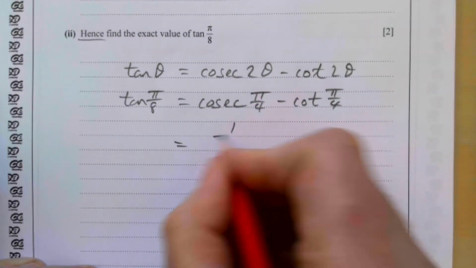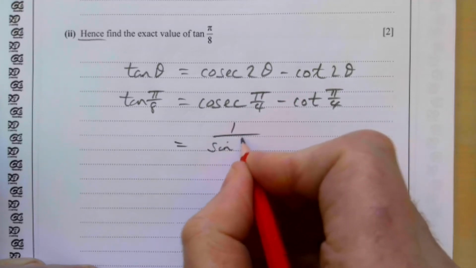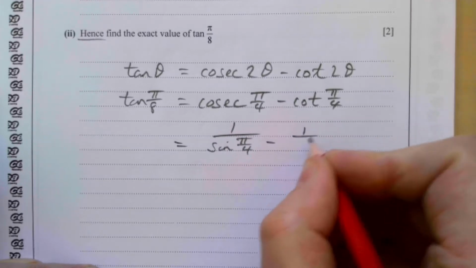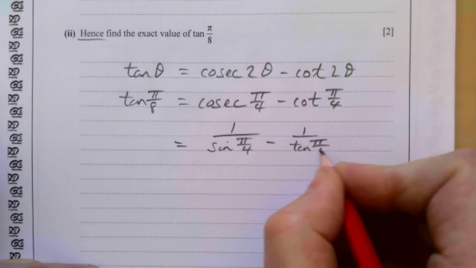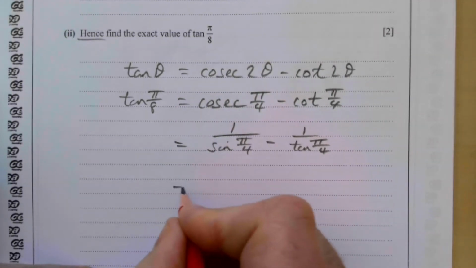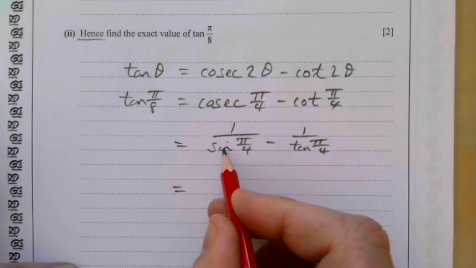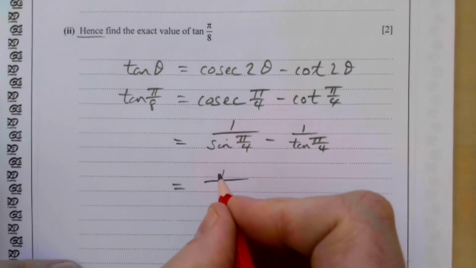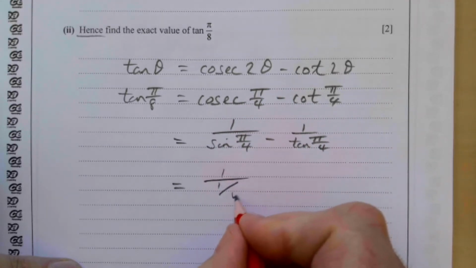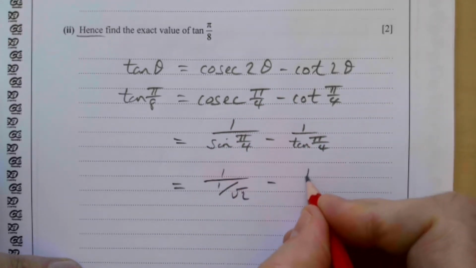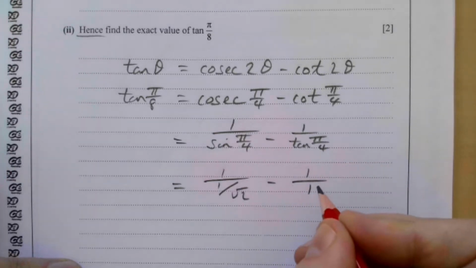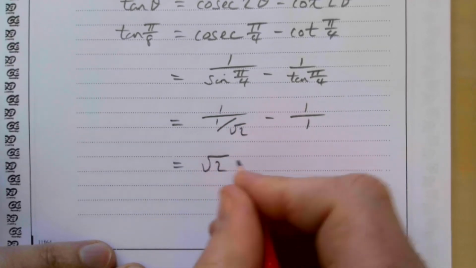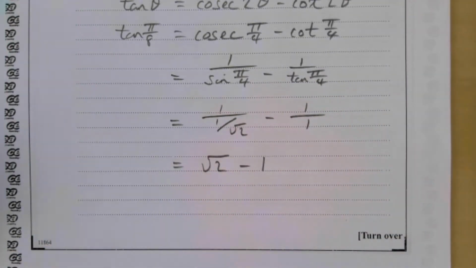That's going to be the same as 1 over sine pi over 4, minus, if you want, I suppose, 1 over tan pi over 4. Those would be the ones that we know. Again, put that in your calculator, though you should know it. Sine of pi over 4 is the same as sine of 45, which is 1 over root 2. So this is 1 over 1 over root 2. Tan of pi over 4 then is 1. 1 over 1 over root 2 just gives us then root 2, take away 1.